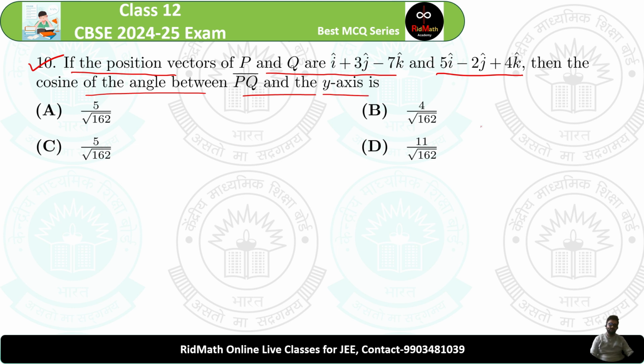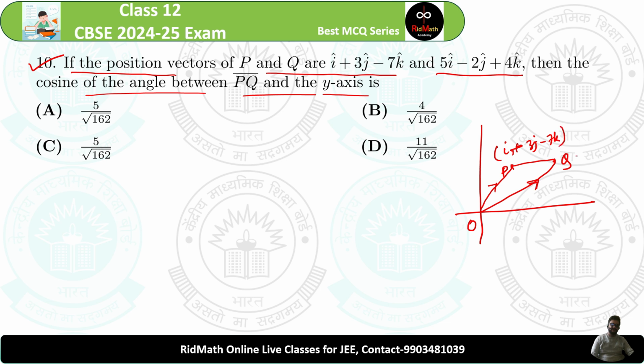Okay, so the direction ratio of this PQ: suppose this is P and this is Q. The position vectors OP and OQ are: OP is i plus 3j minus 7k, and OQ is 5i minus 2j plus 4k.